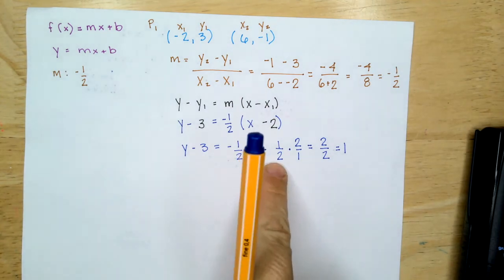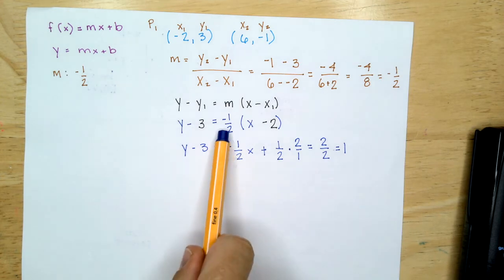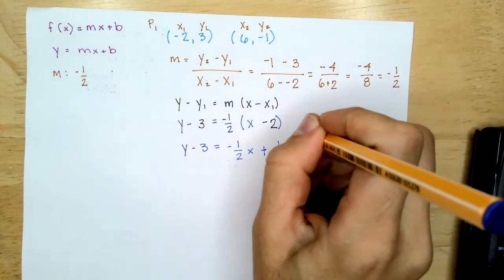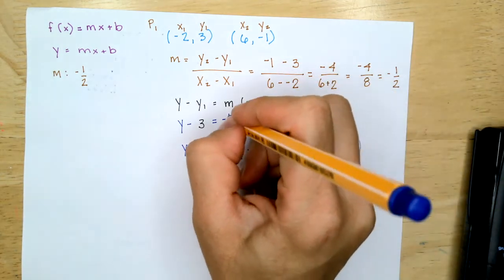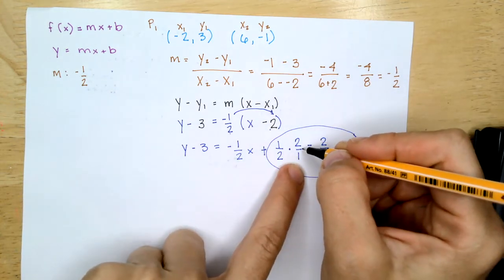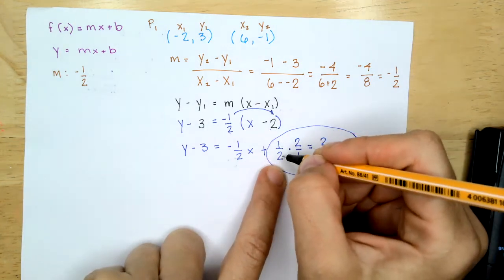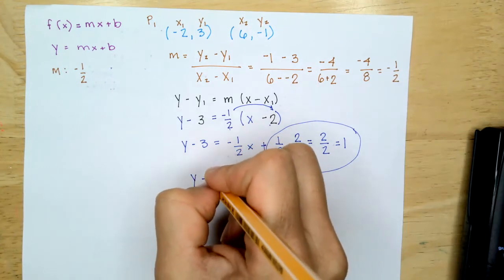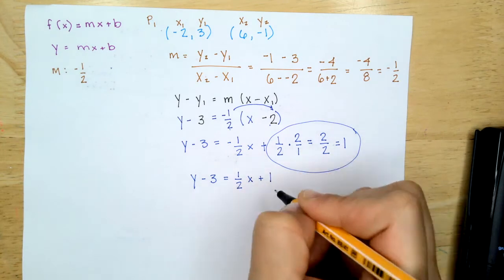So 1/2 times 2 becomes 1. -1/2 times a -2 becomes a positive 1. So when I distributed the -1/2 to the -2, this is what happened. Here's a -1/2, -2 become a positive. 1 times 2 is 2, 2 times 1 is 2, 2 over 2 is 1. So that's y minus 3 equals 1/2 x plus 1.